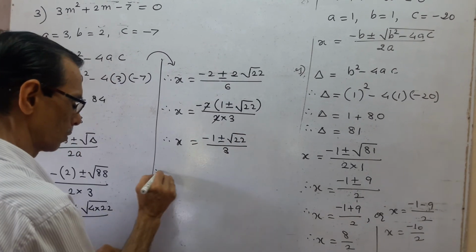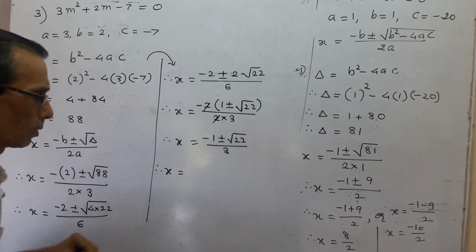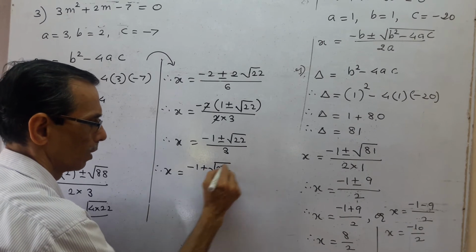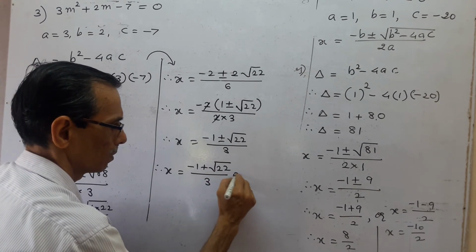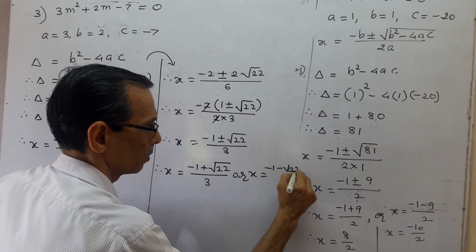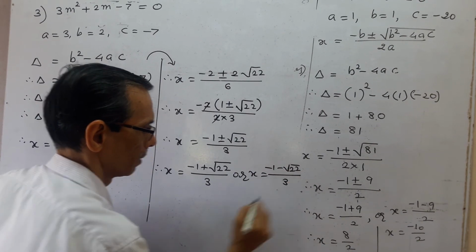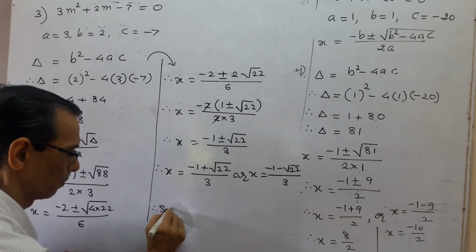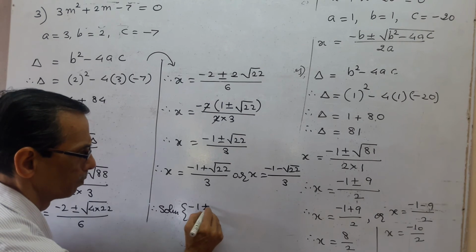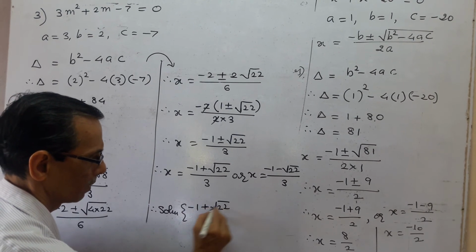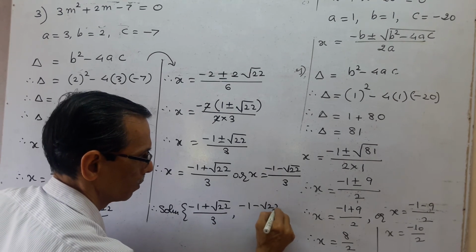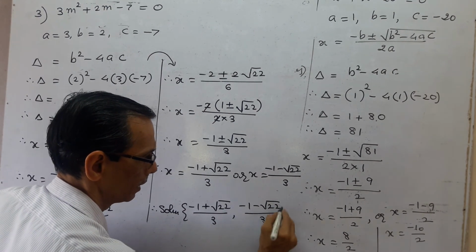There are two roots: x is equal to minus 1 plus root 22 upon 3, or x equal to minus 1 minus root 22 upon 3. And therefore the solution is minus 1 plus root 22 upon 3, or minus 1 minus root 22 upon 3.